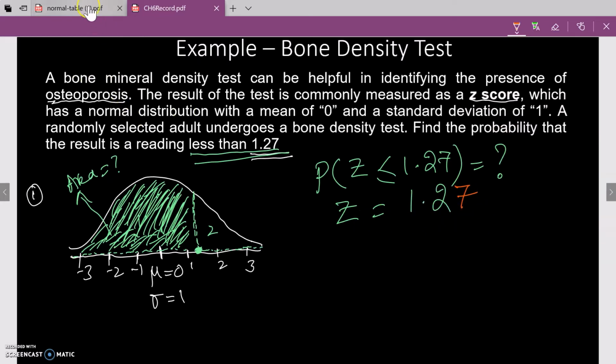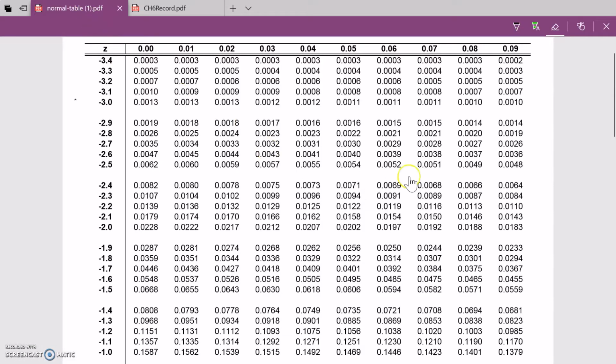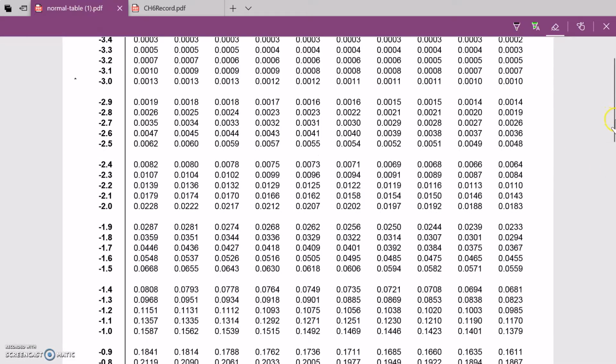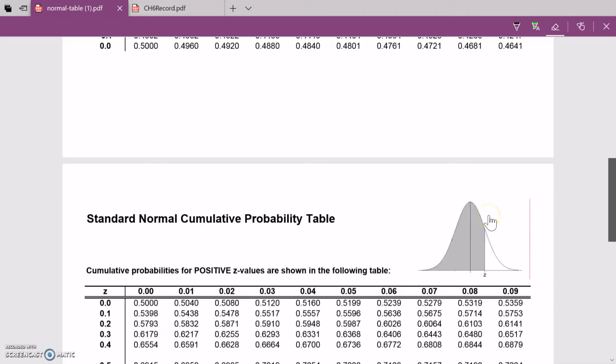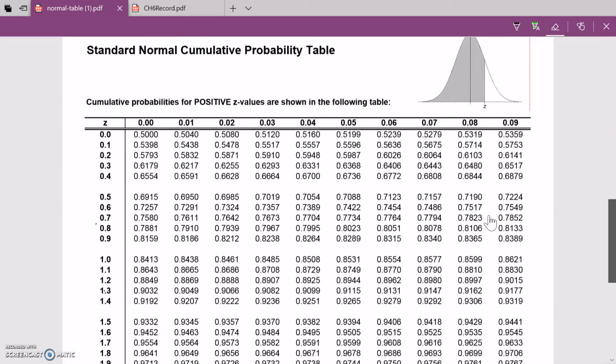Let me go to the table. This is the table we have, and let me show you where 1.27 is. The z-score I'm interested in, let me write once again just for you to recall, is 1.27.